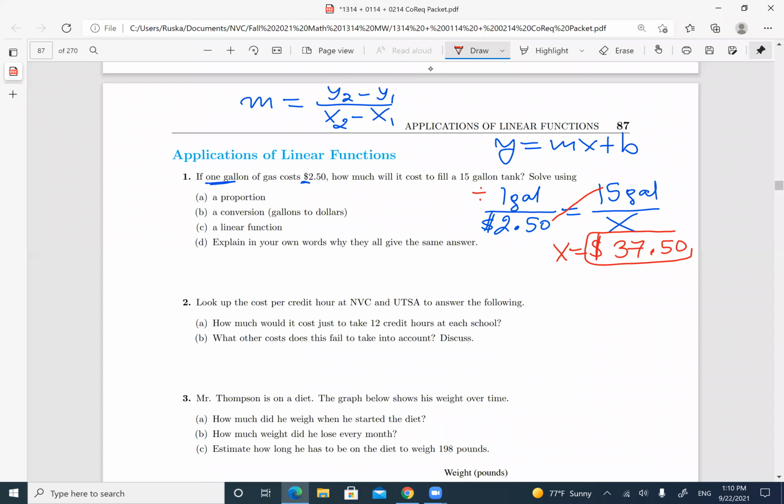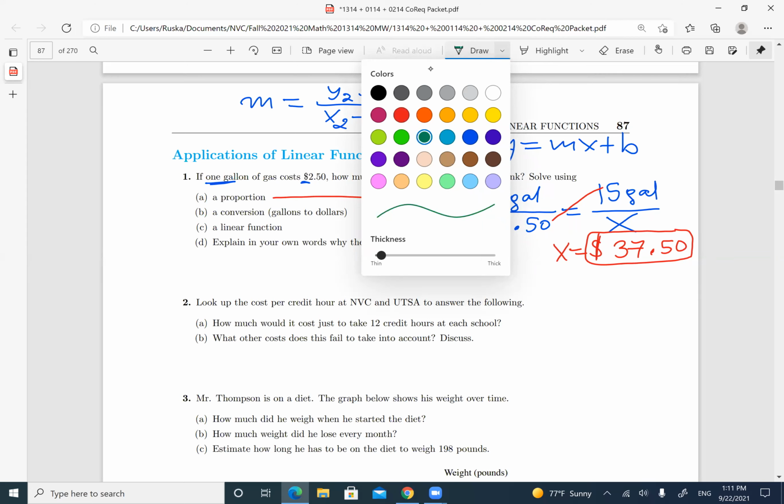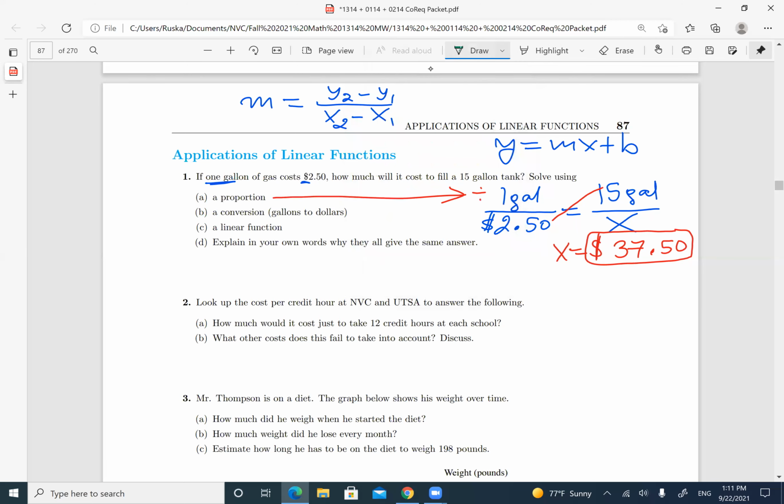Now, if you do the other methods, you should get the same, right? So this is the proportion. How do you do the conversions? You're doing conversions when you have gallons to dollars. So 1 gallon is $2.50, right?